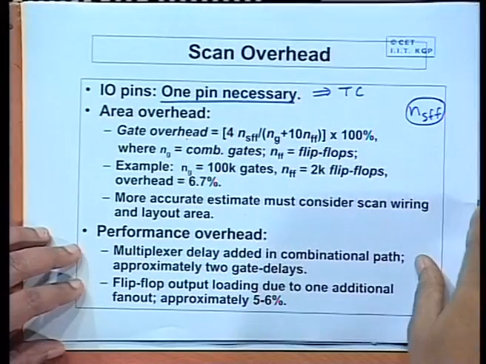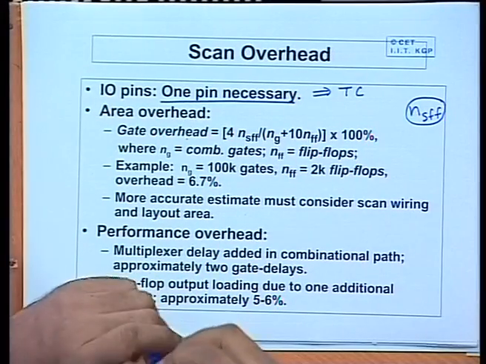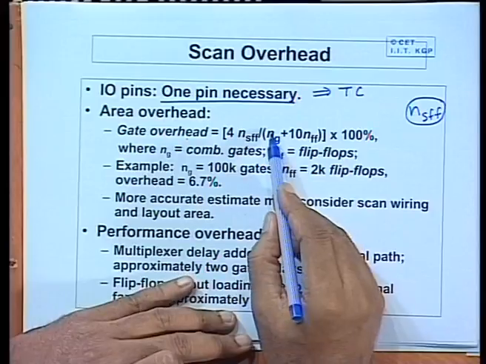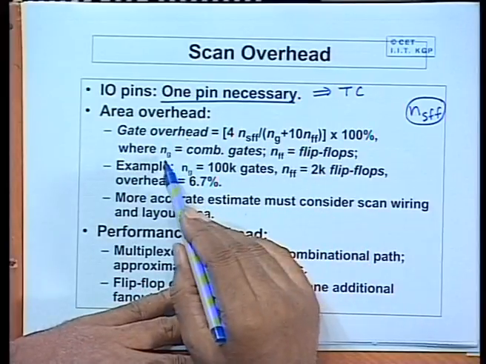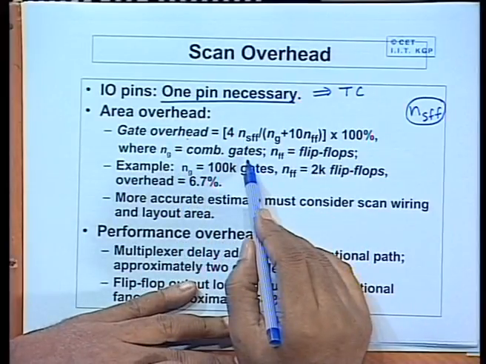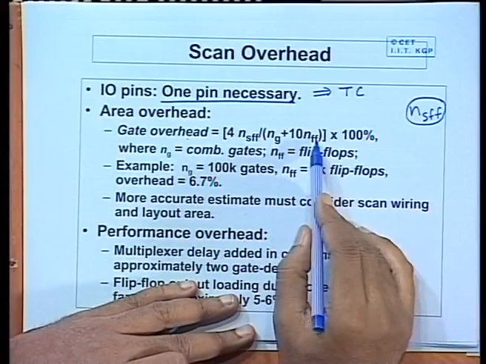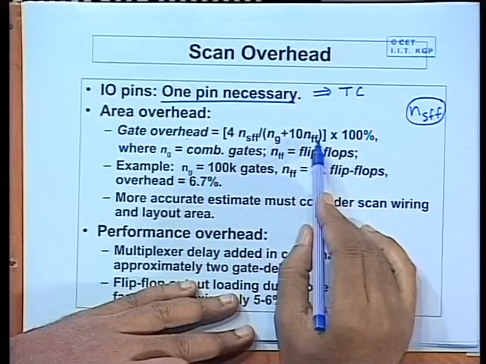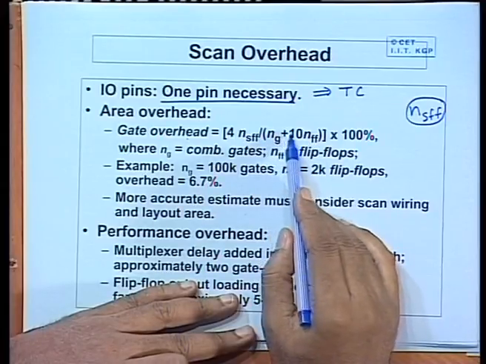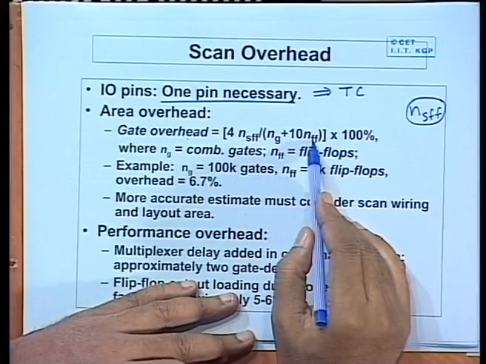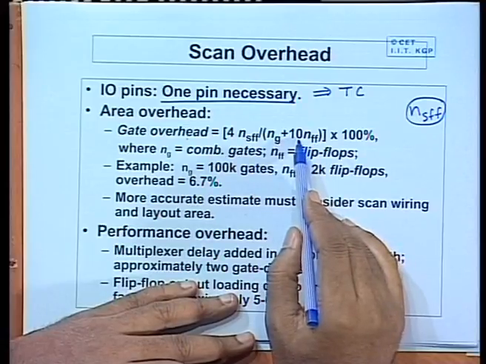So, with this input, you can calculate the gate overhead like this, where Ng is the number of gates in the combinational logic. Earlier without scan, the number of gates was Ng plus 10 into number of flip flops, because each flip flop had 10 gates.